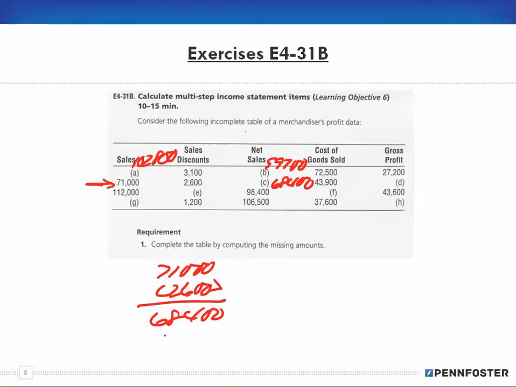And then from that, we take out our cost of goods sold of $43,900, and that gives us $24,500 for our gross profit.